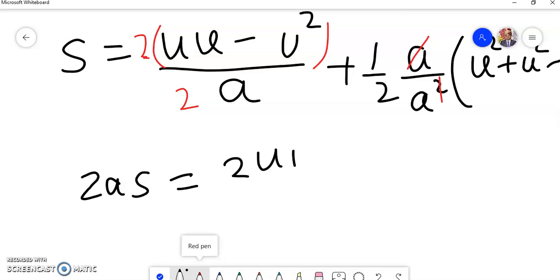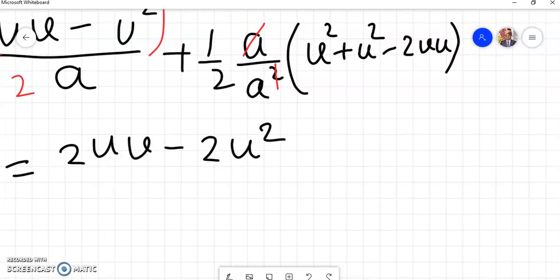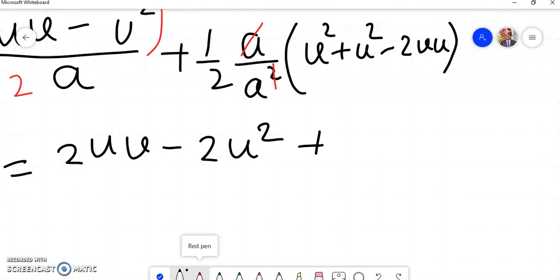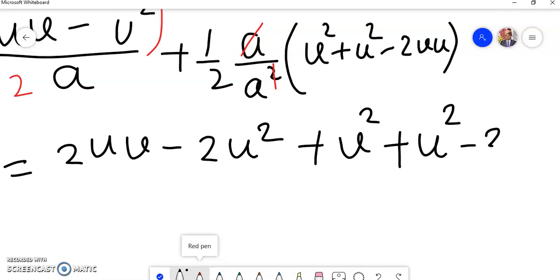2u into v minus 2u square, plus v square plus u square, and then minus 2u into v.